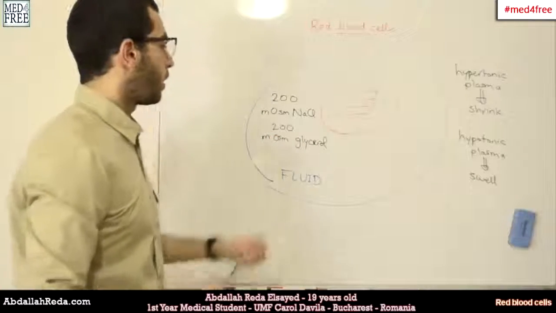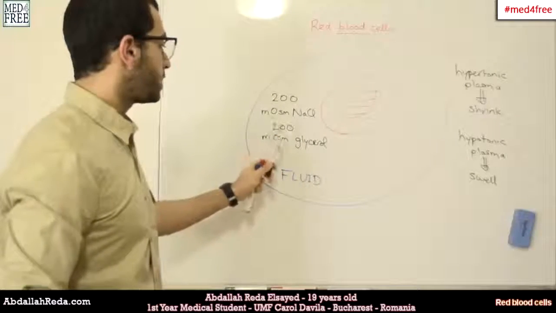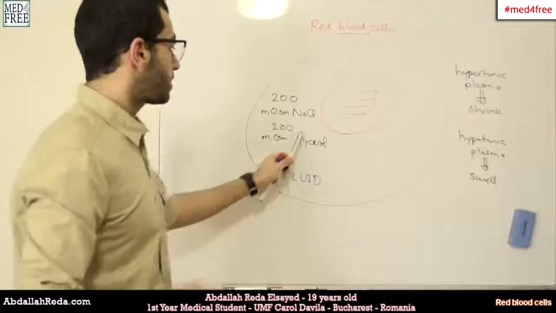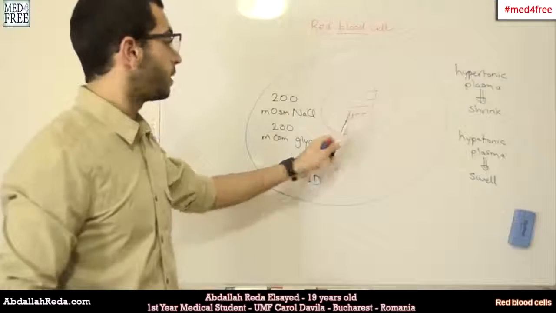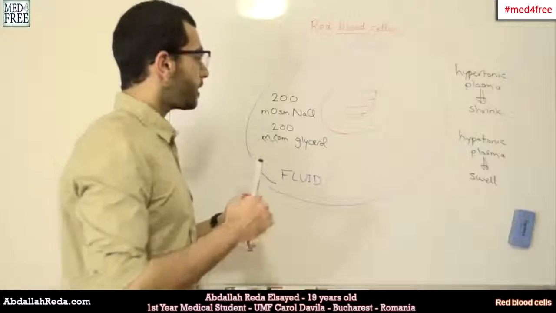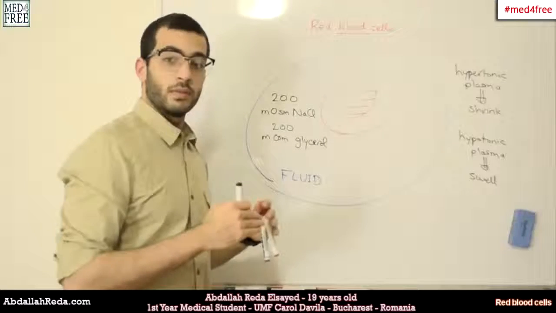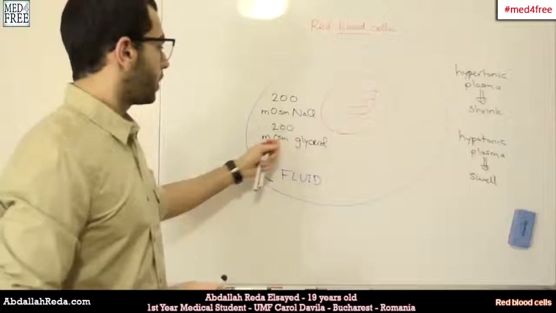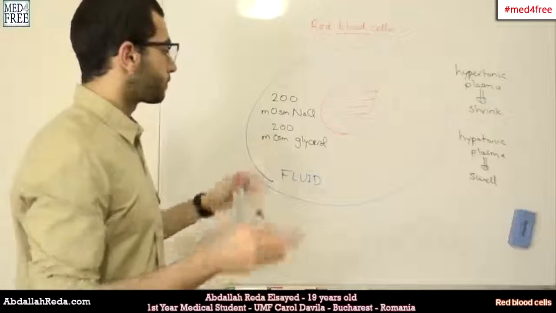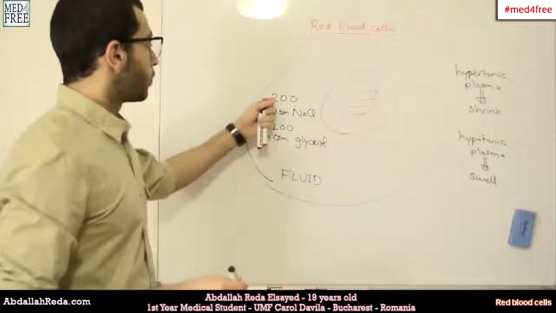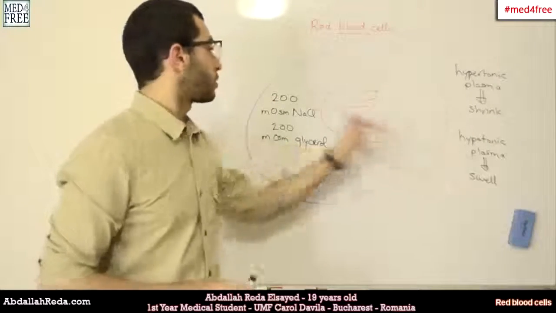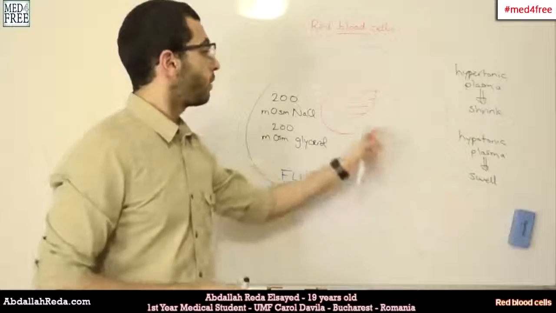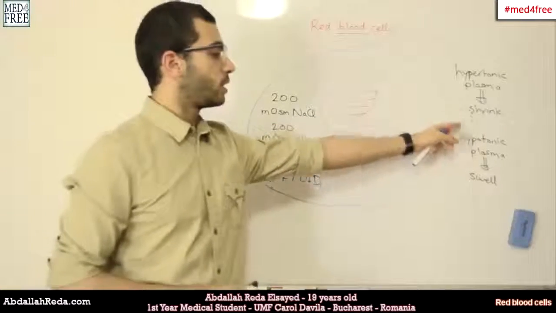While for glycerol, at the initiation point, it will be all here, but as time passes, some of it will get inside the red blood cell and it will balance the exchange. And after all the 200 milliosmoles of glycerol are already gone, we will deal with this case because 200 is hypotonic and the red blood cell will swell. So the red blood cell will go from shrinkage to swelling.